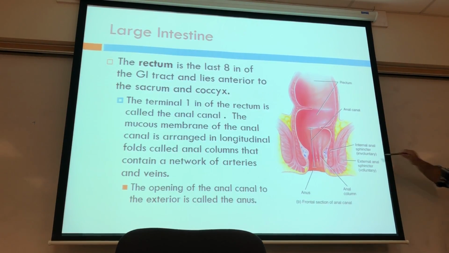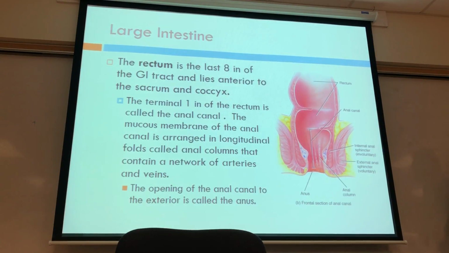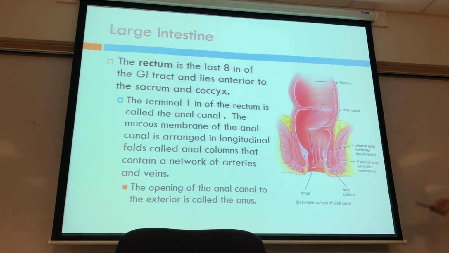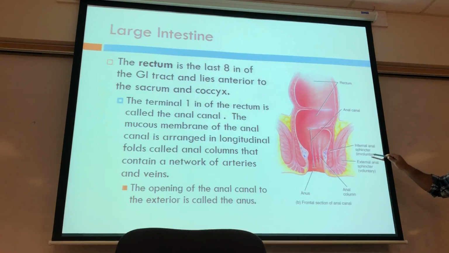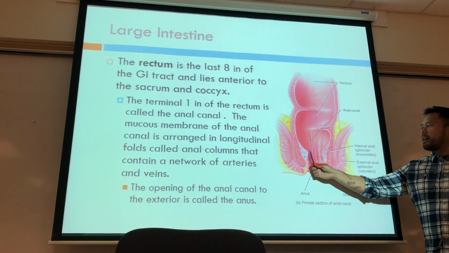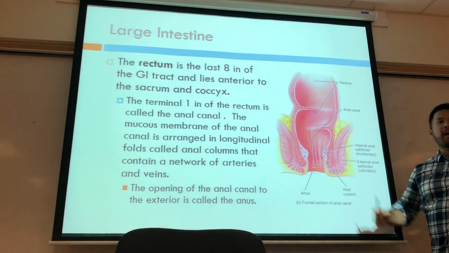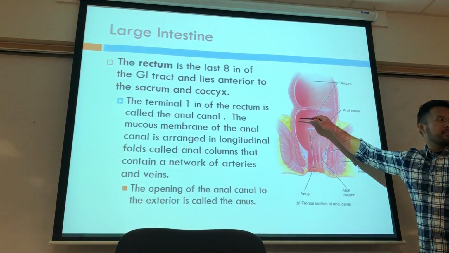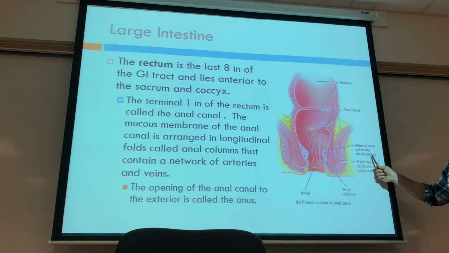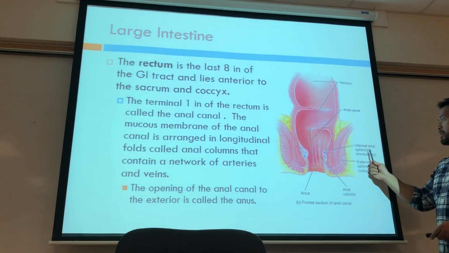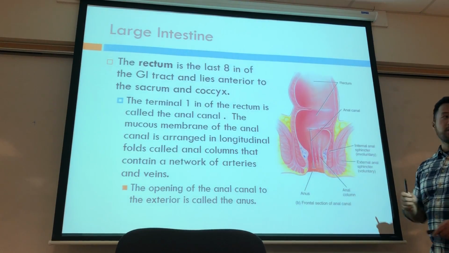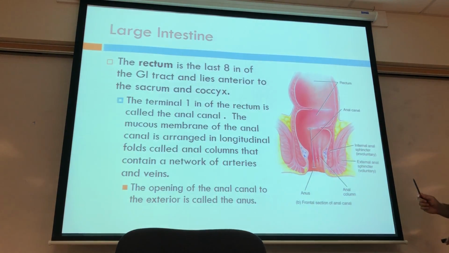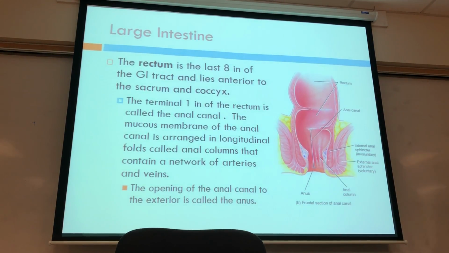So what you can see on the image to the right, the internal anal sphincter is what's able to detect. There are stretch receptors that give feedback if the anal canal is starting to fill up with feces. That feeds back and lets us know the anal canal is starting to fill up, but we still have voluntary control over defecation, and that is the external anal sphincter.